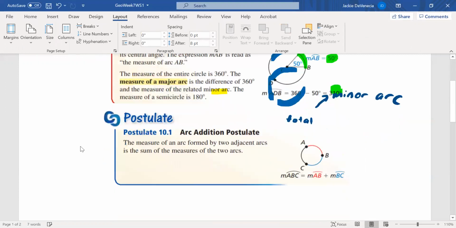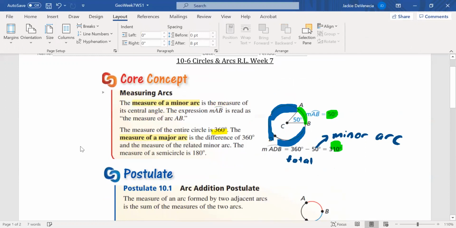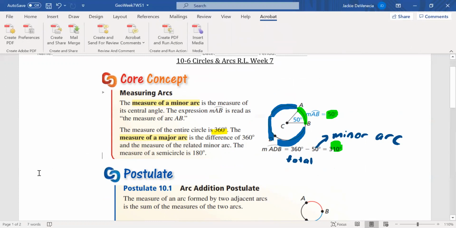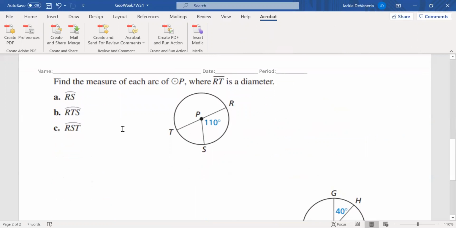So let's scroll down to an example. Say we have this circle, P, where RT is the diameter. What we mean by the diameter is that whole line that is cutting the circle in half.